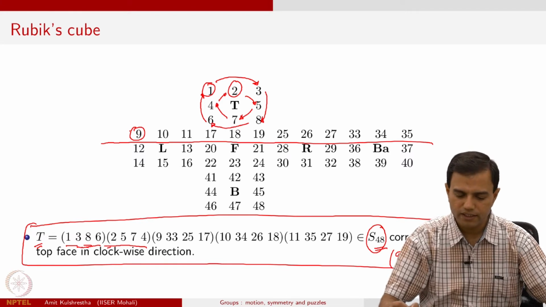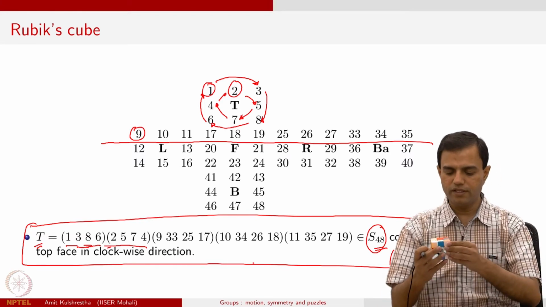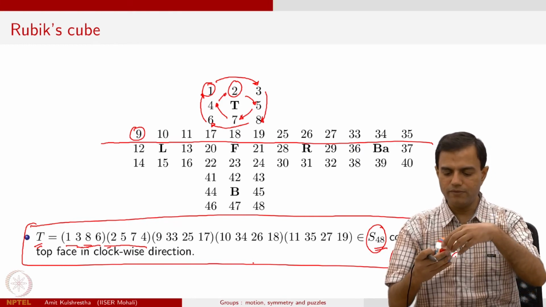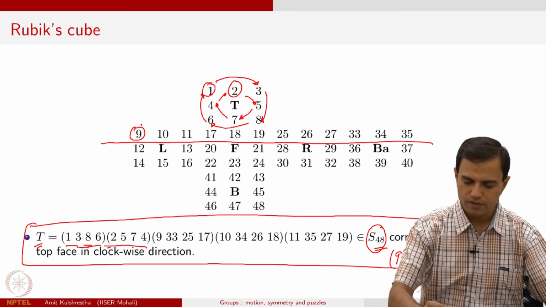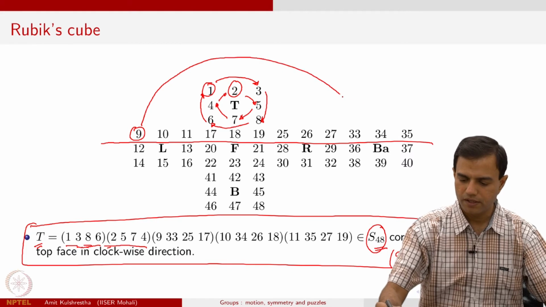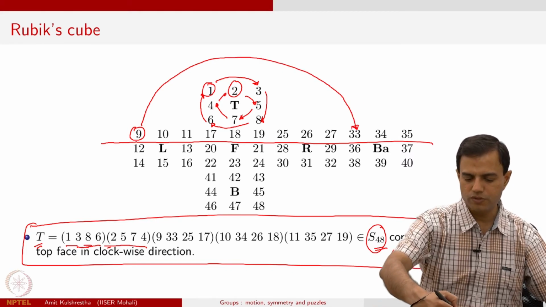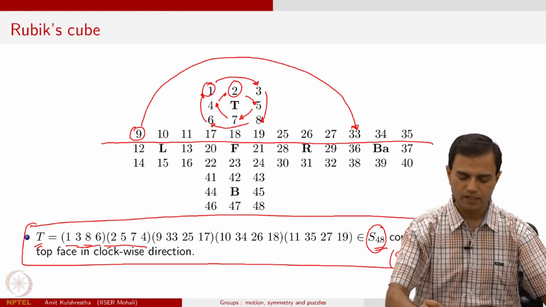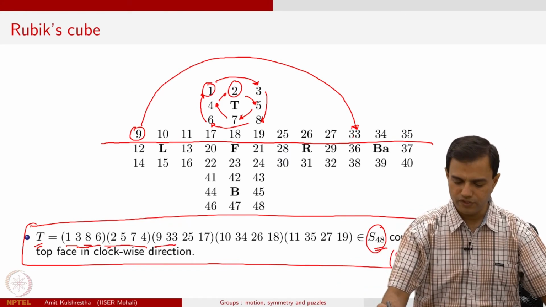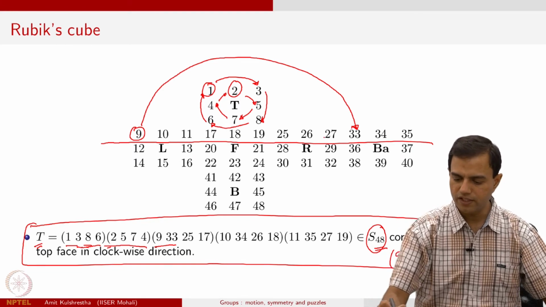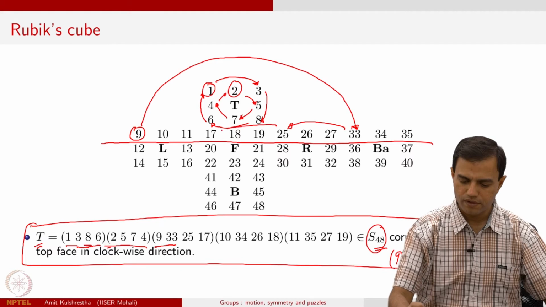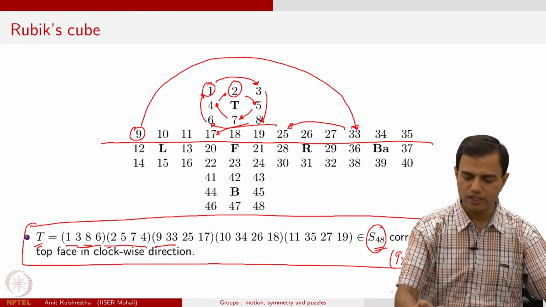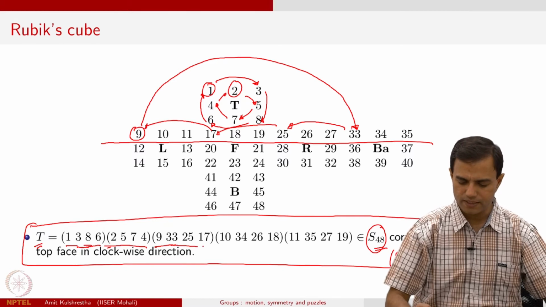If you label it like this, you would realize that 9 goes to 33, so it goes back. Then 33 goes to 25, then 25 goes to 17, and then back to 9. So this kind of cycle happens.